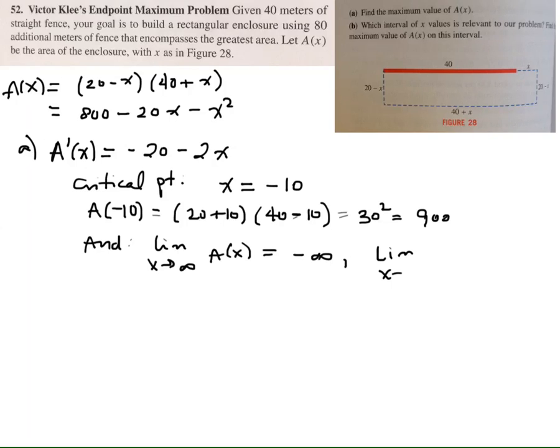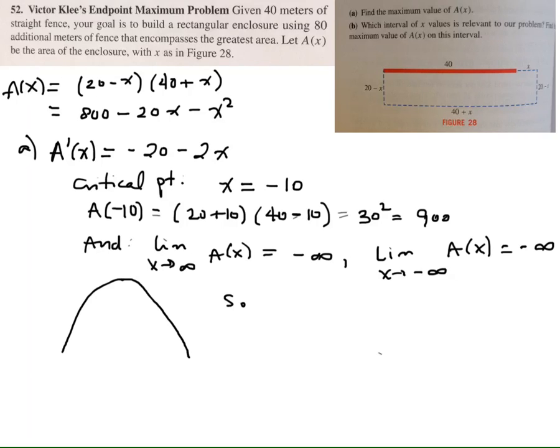And also if we took the limit as x goes to minus infinity, we'll also get minus infinity. So this tells us that we have this one critical point, and as we go out to the positive infinity direction or the negative infinity direction, our function just goes to negative infinity. So we have something that looks like this parabola with this one maximum point.